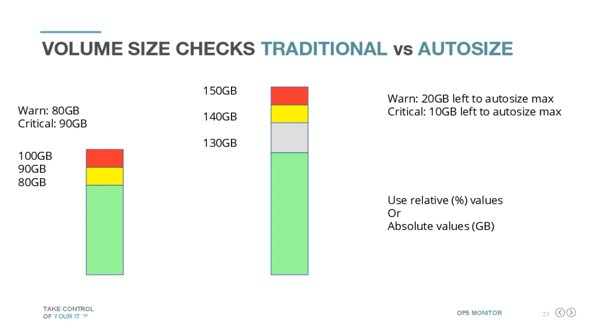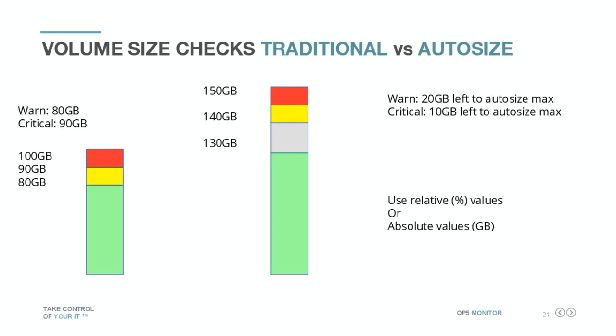Let's say it's about 140 gigs full and it should grow 20 more, so it doesn't have any room, then it sends you the alert. And I really hope that you have set this auto size feature on your NetApp system, because it's really good.